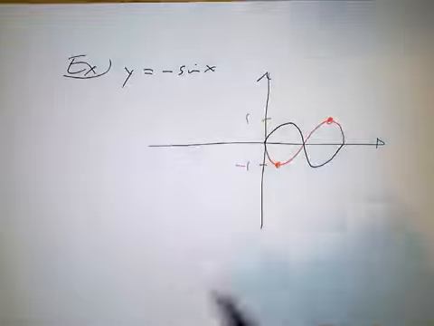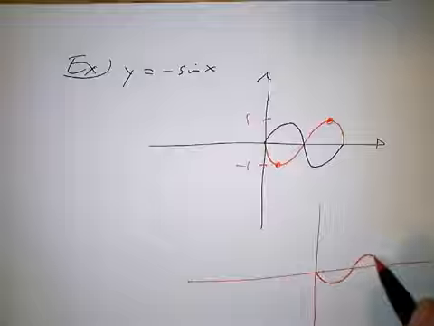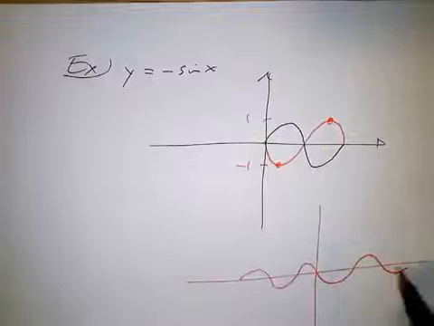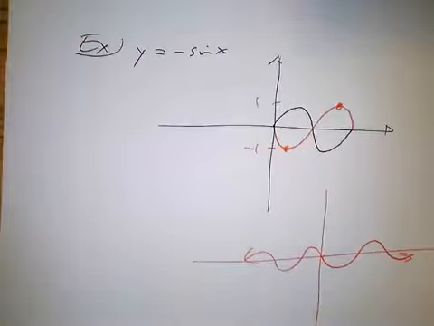So my y equals negative sine of x, just in general, is going to look like this, right? And so on. So you have to use your imagination here a little bit in order to do that. What we might do is combine this with our previous one, and we'll do that in the next video.